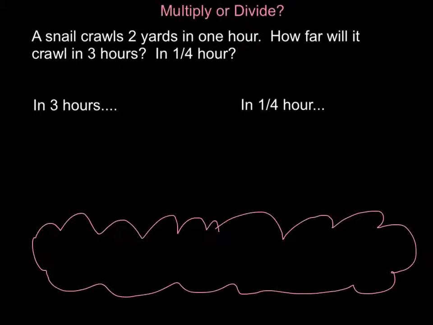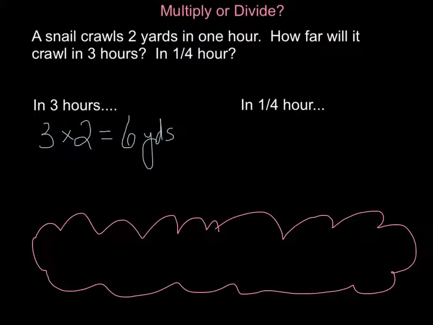So that means that in 3 hours we would have 3 groups of 2 yards. So in 3 hours, that snail's going to travel 6 yards. Well, that makes a lot of sense. That's third grade math right there.